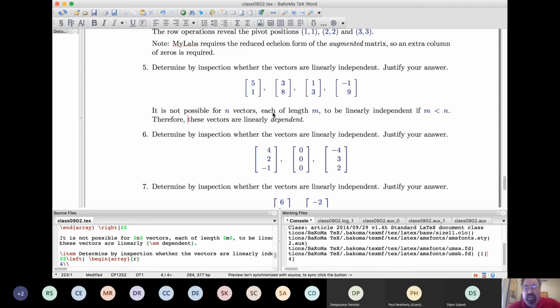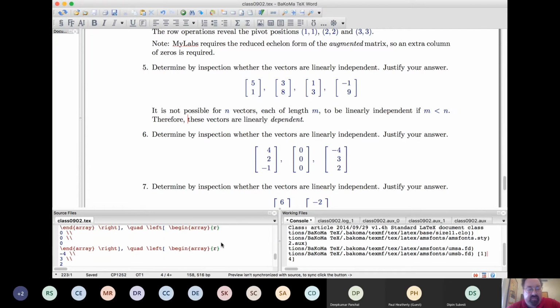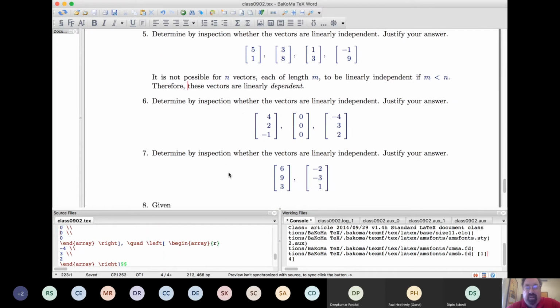If you have too few entries per vector relative to the number of vectors that you have, they will be linearly dependent. Now here we have vectors of length 3, and you have 3 of them, so this doesn't apply.